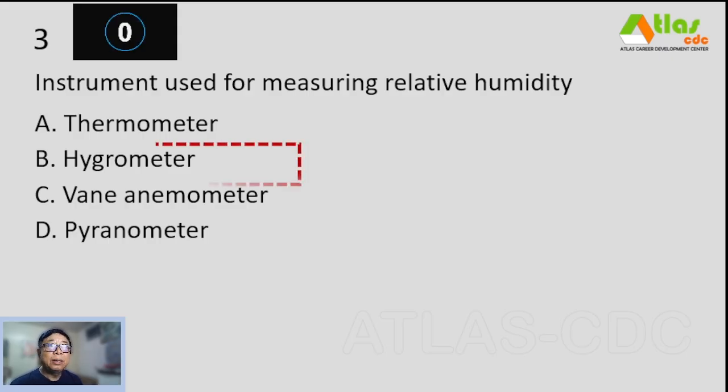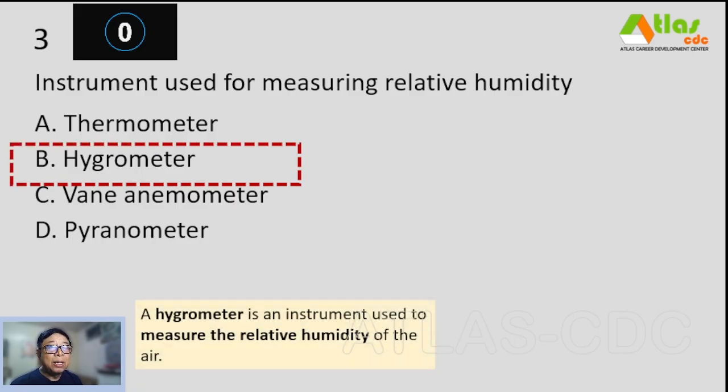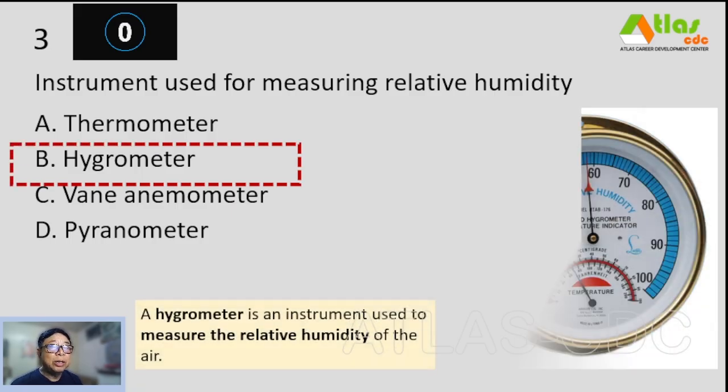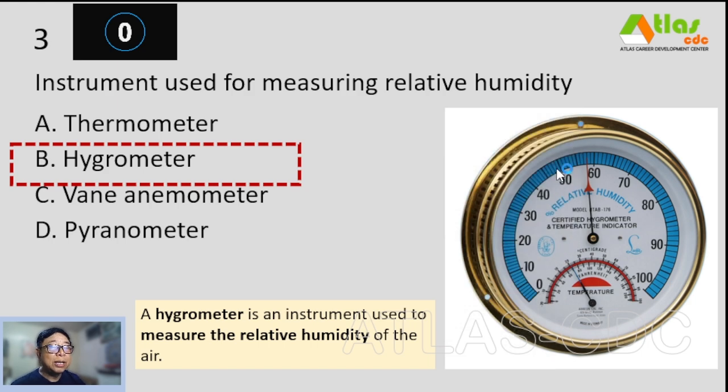And our correct answer is letter B, hygrometer. So a hygrometer is an instrument used to measure the relative humidity of the air. So relative humidity ang measure, hindi yung absolute or any other types of humidities, but relative humidity for hygrometer.